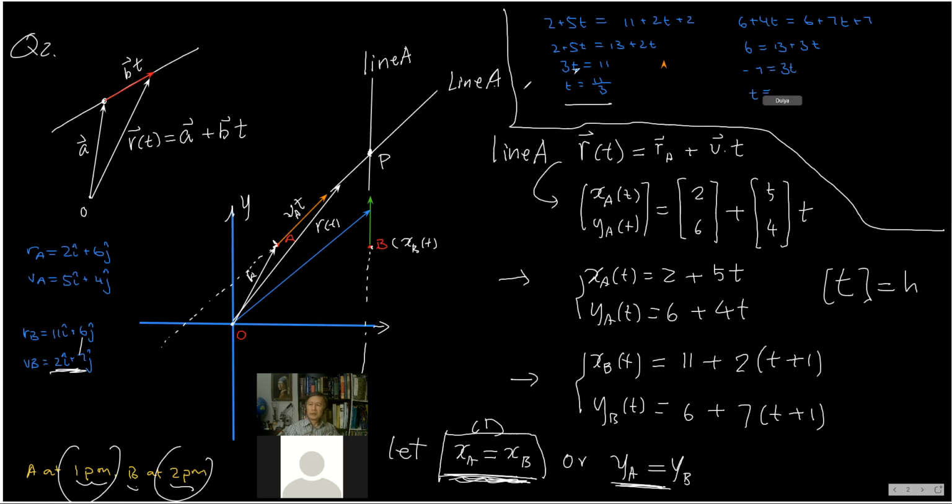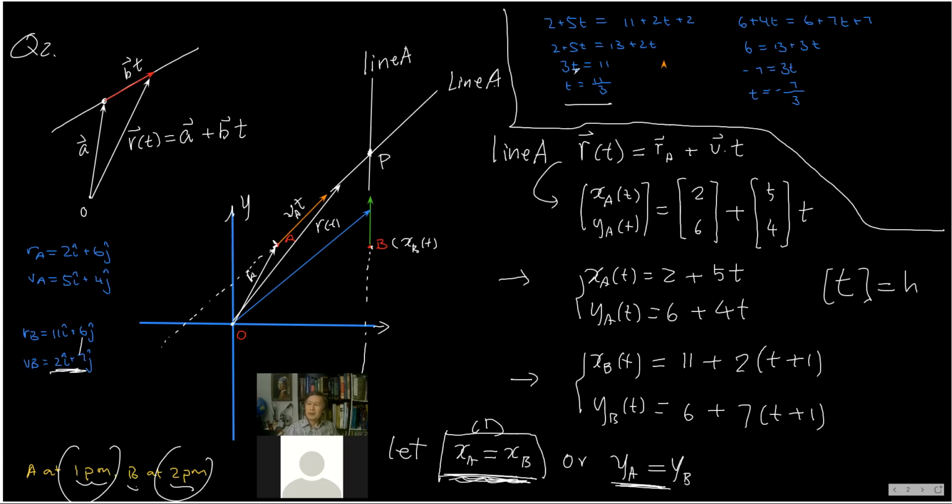Different, negative. Did I do something wrong here? For y, 4 equal to 6, 7t plus 1. 7 plus 7, 6 plus 7 is 13.